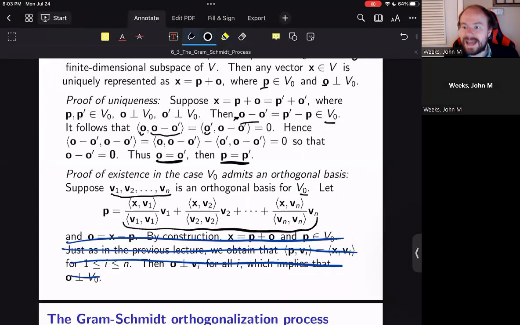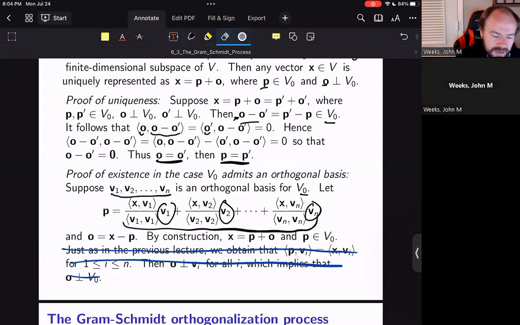Essentially, we're going to create that sum of orthogonal projections to give us the vector p. Notice that this doesn't give us the vector x, because x is potentially outside of this finite dimensional subspace v0, and we're only adding elements inside of v0 here. This is just the projection of the vector x into v0.